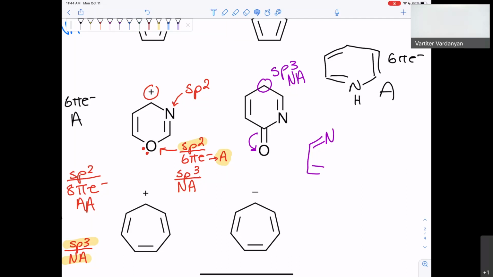Okay, so here's the thing. That's a very valid question, and I'm pretty sure I know exactly what question you're talking about from the chapter 13 problems. If they give you something like this, we have sp2, sp2, and then we have sp. Yikes, right? This is technically conjugated because it does have a p orbital. The triple bond has 2 sets of p orbitals.